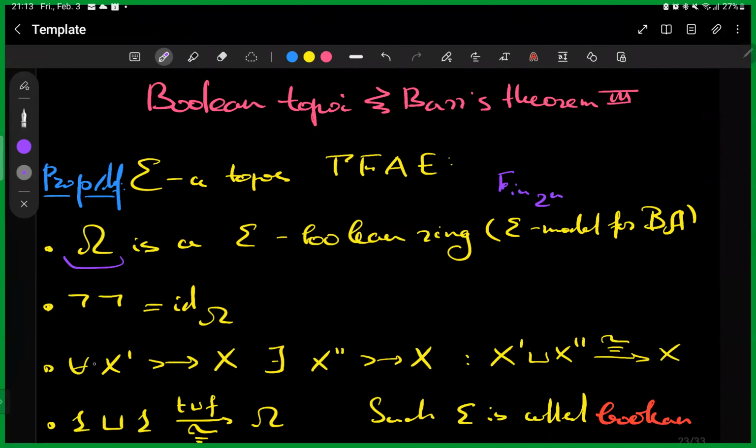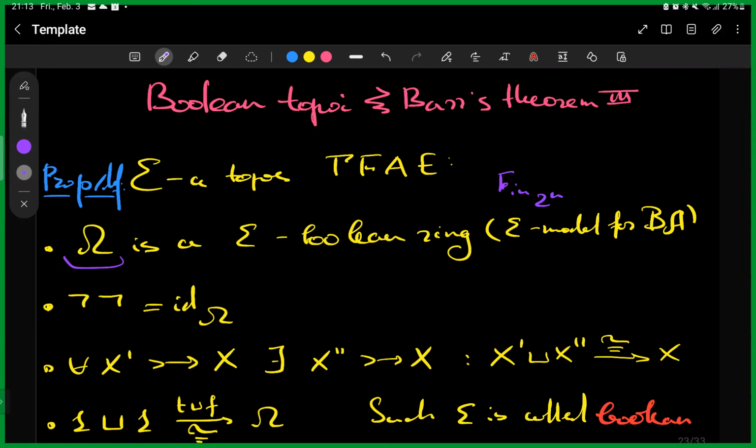Another condition is that the double negation is the identity map on the subobject classifier. Yet another condition states that if we have a subobject of x, then there exists a complementary subobject, so that x splits into a disjoint union of x prime and x double prime.